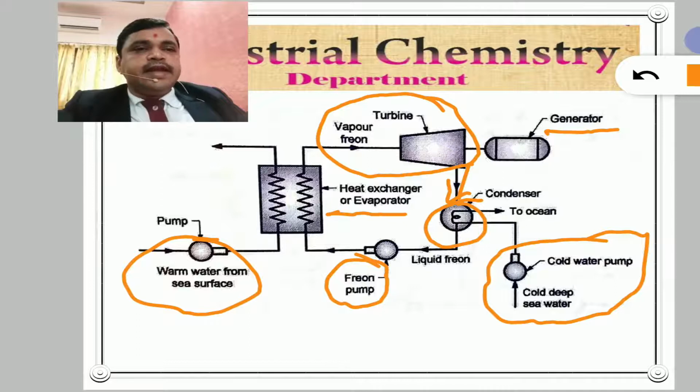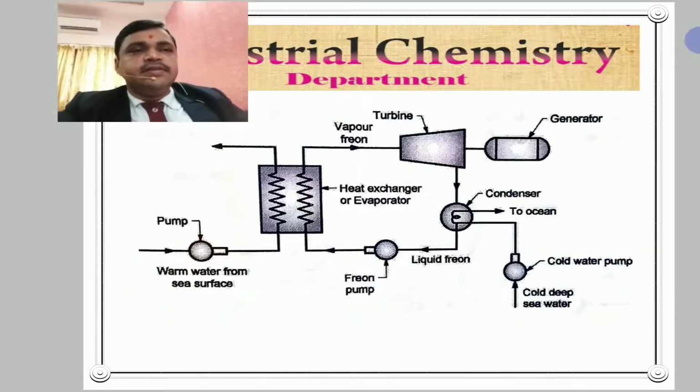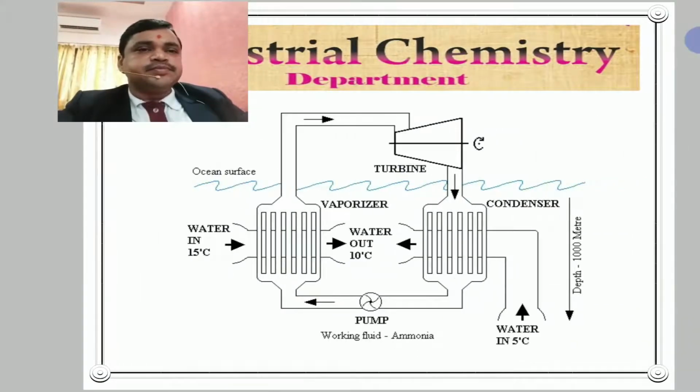So it is condensed in the condenser, and the colder water is warmed by some degrees, and this water is discharged into the ocean. So this type of mechanism is also used in the production of electricity.